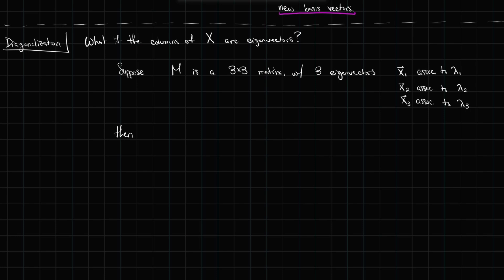Then, if I write this out, M equals X N X inverse, where I'm forming capital X from a collection of eigenvectors, and then some other matrix N, and then X inverse.